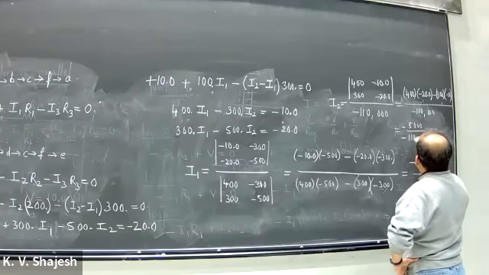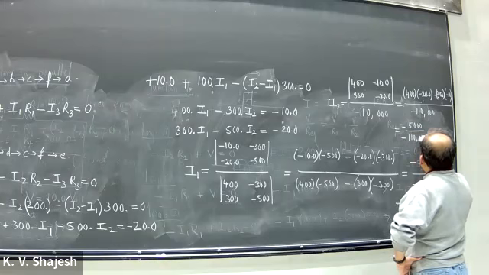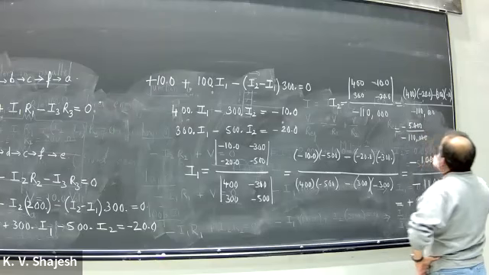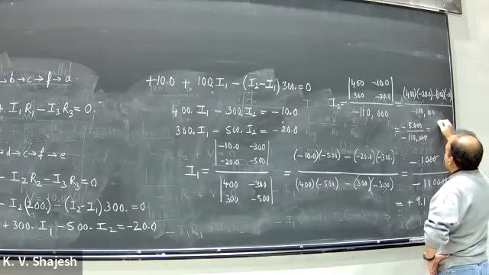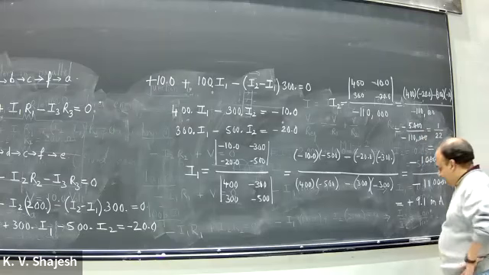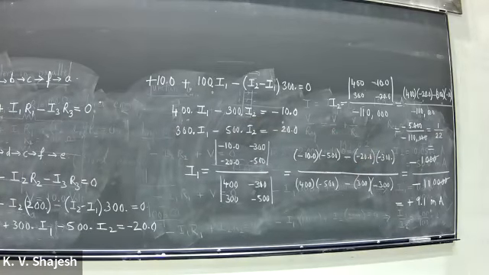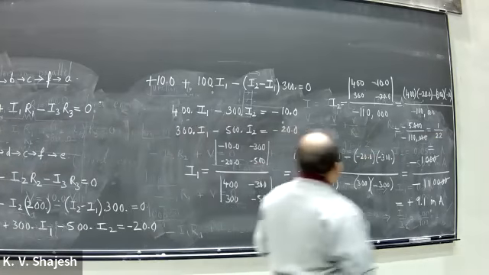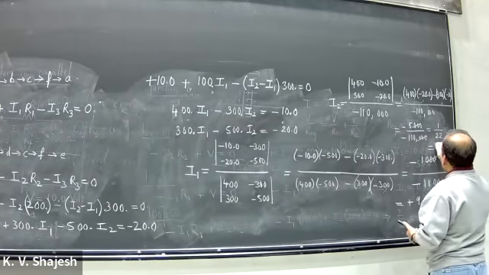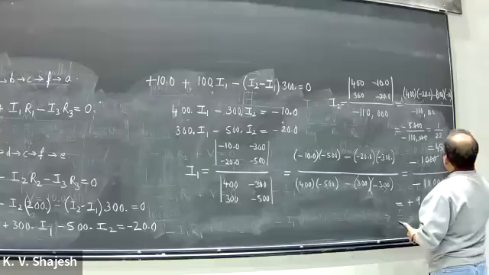It's minus and a minus. 1,000, 3 zeros goes away. So it's 1 over 22. So that's 45 milliamps. Am I correct?